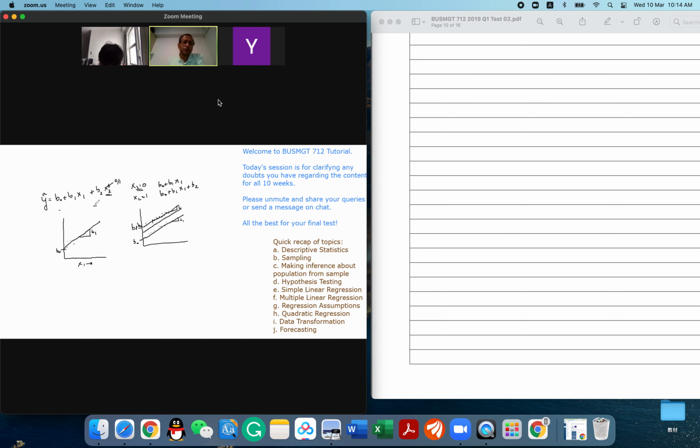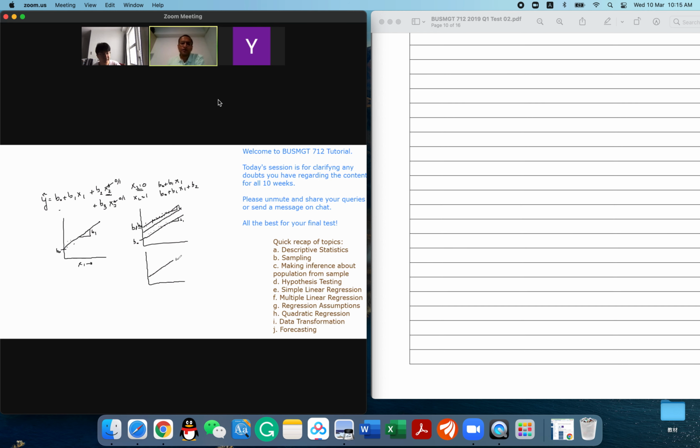Let's add one more item: b3 times x3, and say this is gender, male, yes or no. If we apply this, I may have different lines depending on whether it is male trained, male untrained, female trained, and female untrained. So I could have different lines like this.